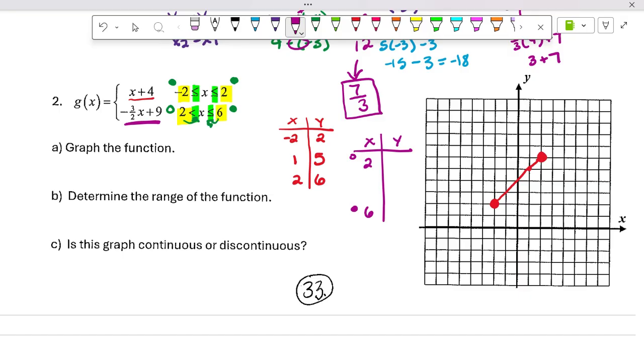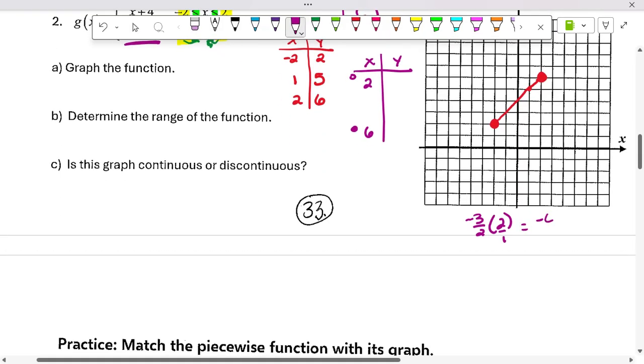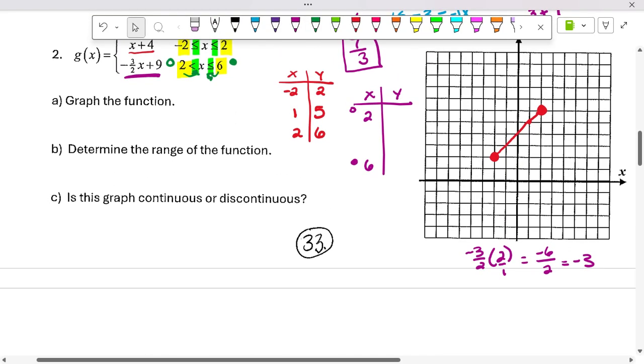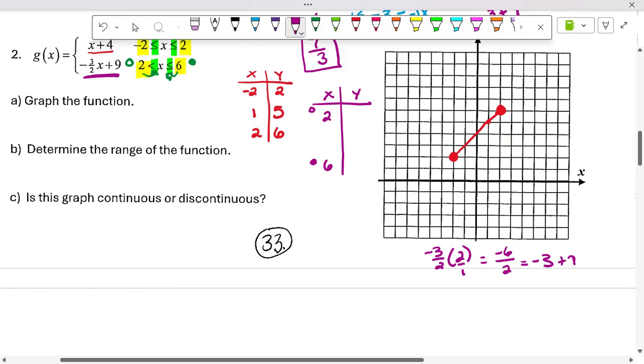Now, if we plug in 2 for x, so off to the side, I'm going to do -3/2 times 2 over 1. So what's -3 times 2? -6. What's 2 times 1? 2. What's -6 divided by 2? -3. And then we add 9. So it's -3 plus 9. 6.